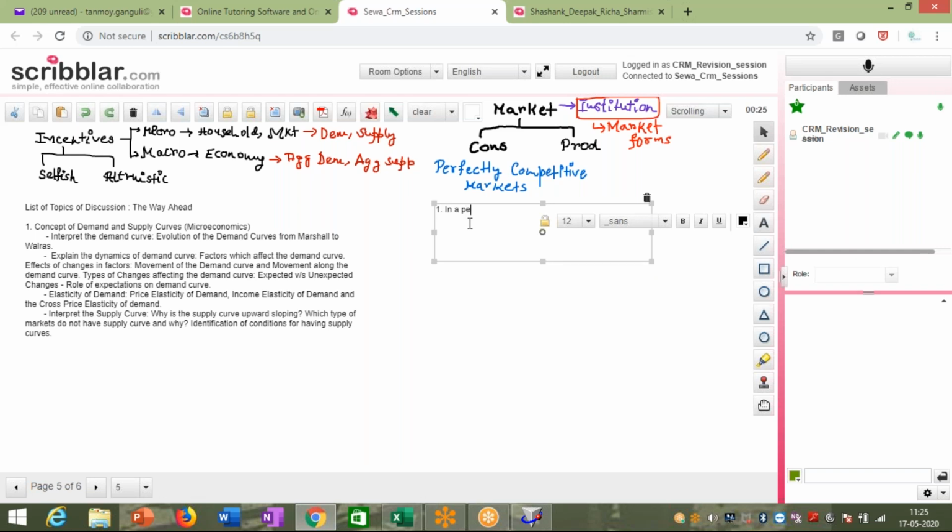The first: in a perfectly competitive market, there are a large number of buyers and a large number of sellers. The number of buyers is so large that one single buyer will demand a very small fraction of the overall demand.